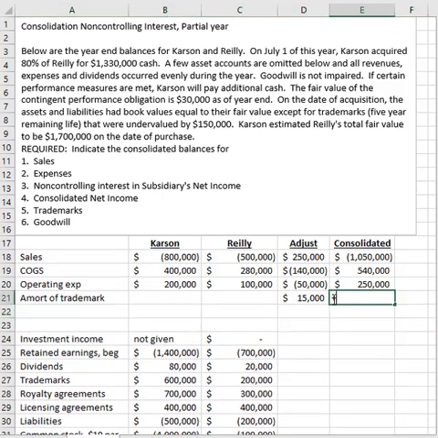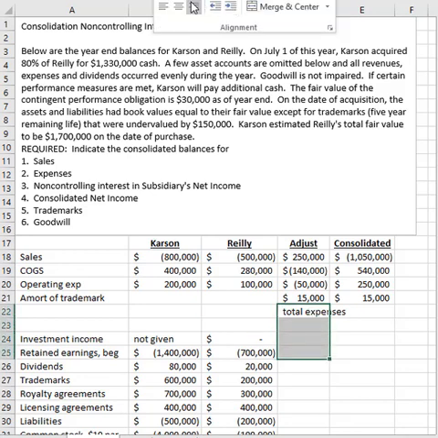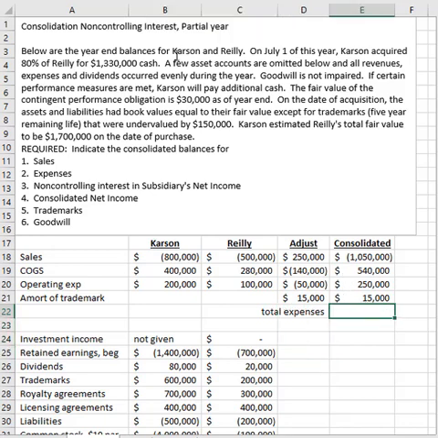All right, so the total expenses would be cost of goods sold, operating, and that amortization, so 805. So here is number 1 and there is number 2.